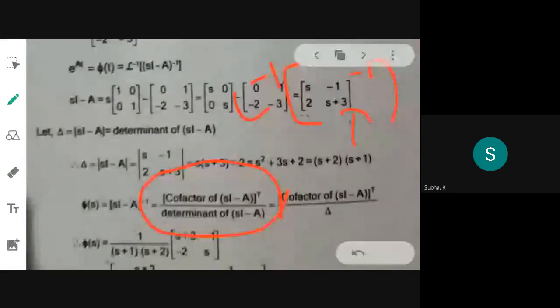I am asking whether you know how to find the inverse of a matrix. If you know, you tell. Otherwise, I have to tell the formula. We know, ma'am. Somebody told me something. Ma'am, we know to find the inverse of a matrix.